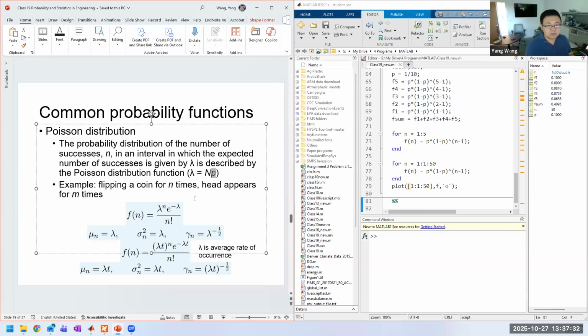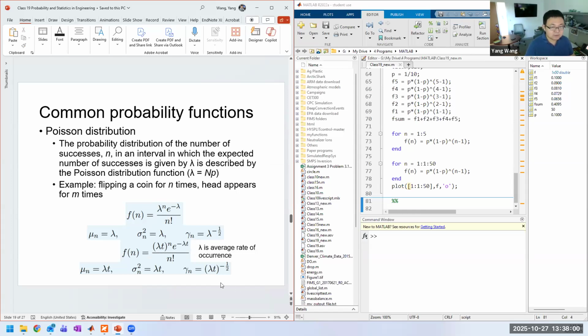So first you get lambda, and then the probability of the occurrence happening lowercase n times within these uppercase N trials is calculated by this equation. So this is for a discrete distribution function.